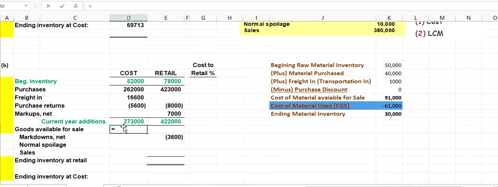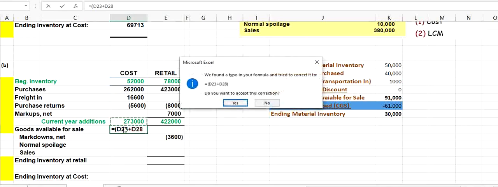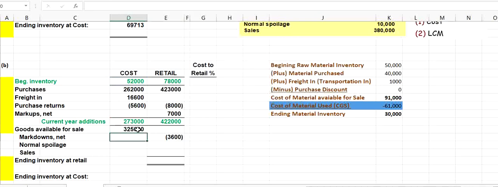And then if you remember, we are supposed to add the beginning figure to the current year figure so that we can get the available inventory worth 3,25,000. Likewise, we can add the beginning retail with this and we will get $5 lakh.